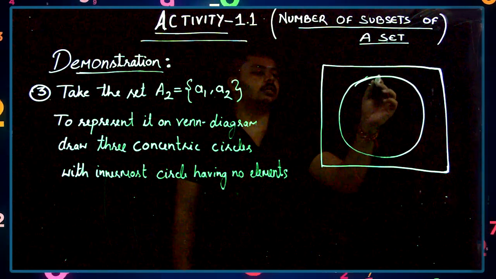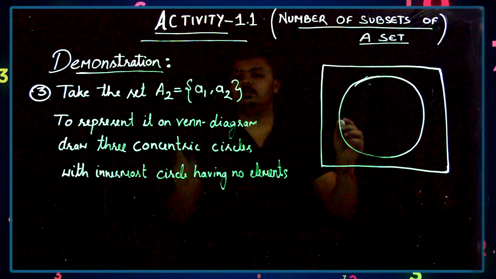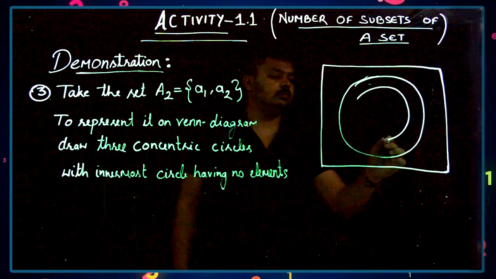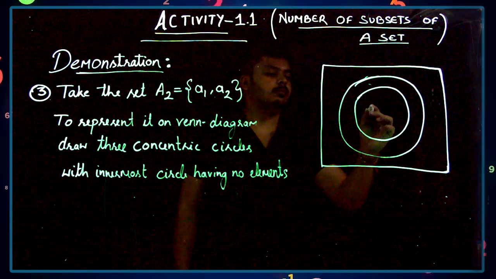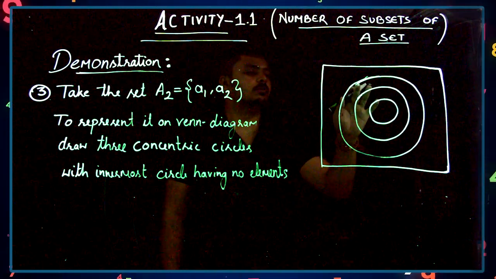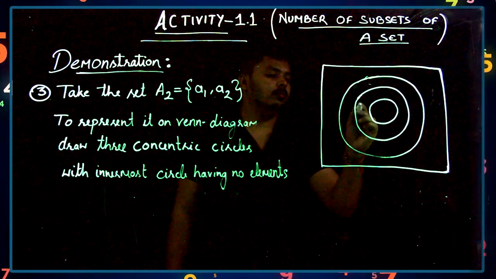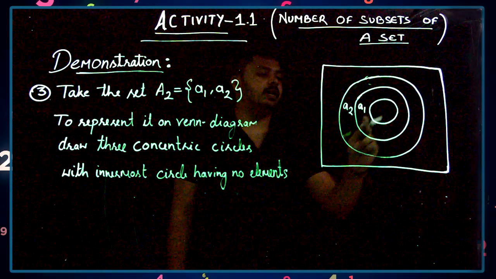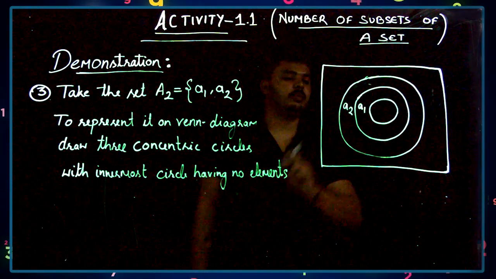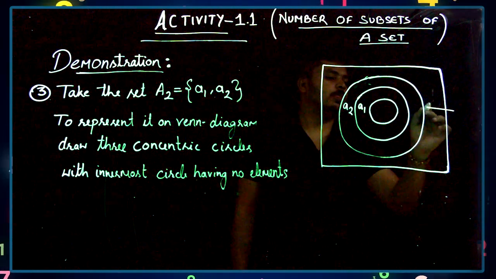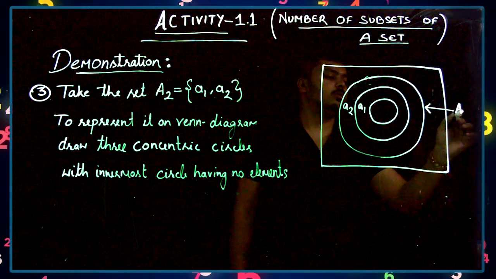This is our set A1, this is our set A2, and two subsets a1, a2, and this has been kept empty. So this is set A2.